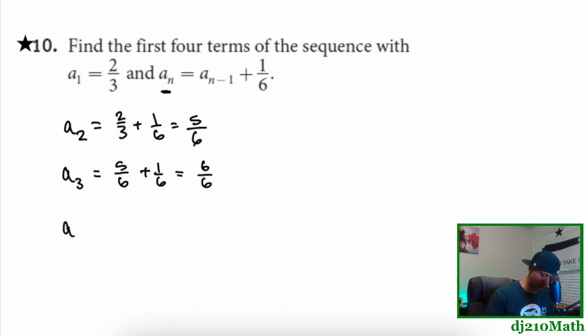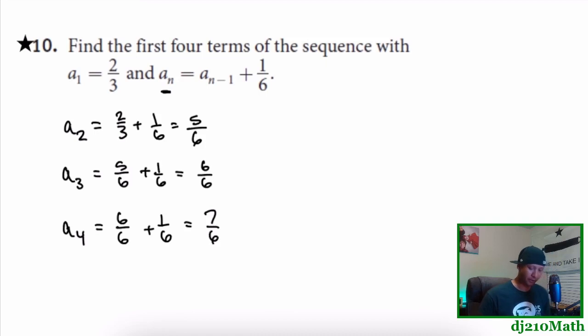A sub 4 is going to be the previous value plus a 6th, so it's going to be 7/6. So find the first 4 terms of the sequence. There it is. 2/3, 5/6, 1, 7/6. Those are the first 4 terms.